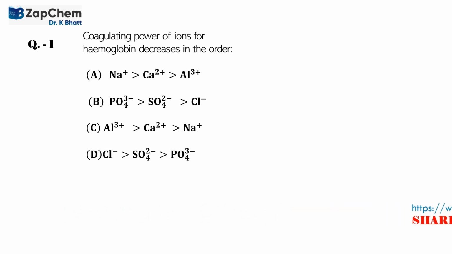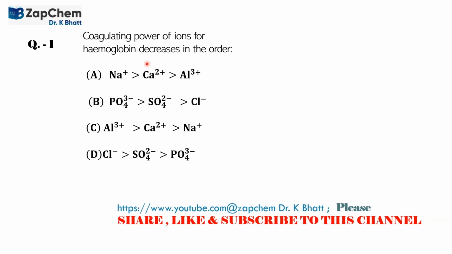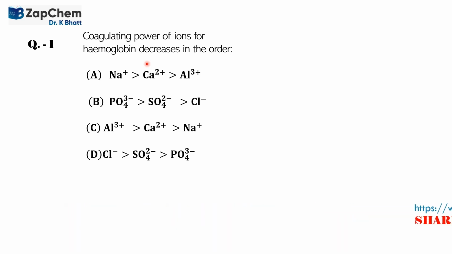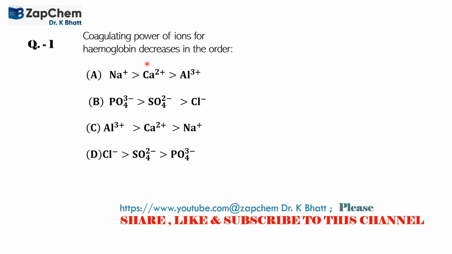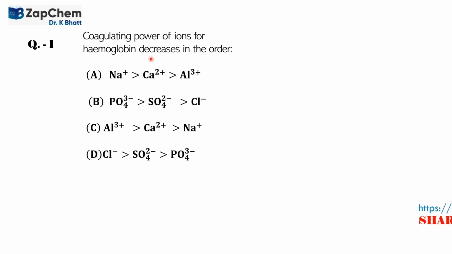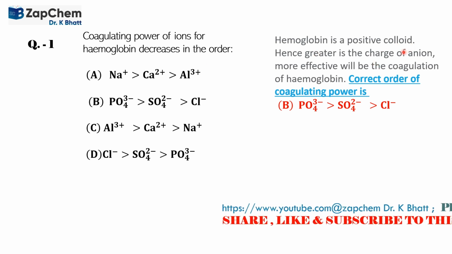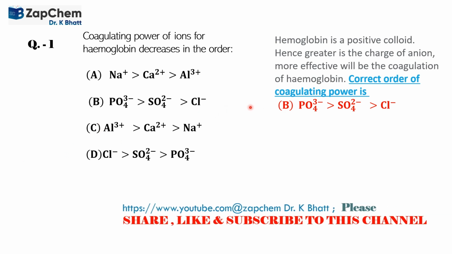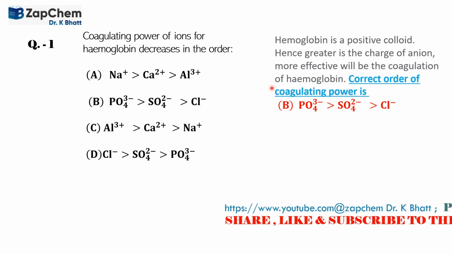The first question is, coagulating power of ions for hemoglobin decreases in the order. Now this depends upon the Hardy-Schulze law, that the greater the negative charge, the greater will be the coagulating capacity of a particular electrolyte. Hemoglobin is a positive colloid, therefore negatively charged ions will coagulate it, and the greater the charge, the more the coagulating power.